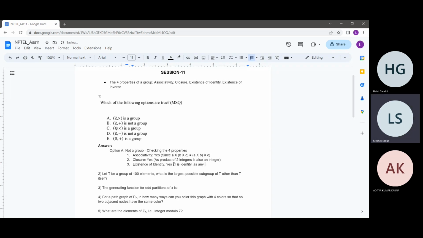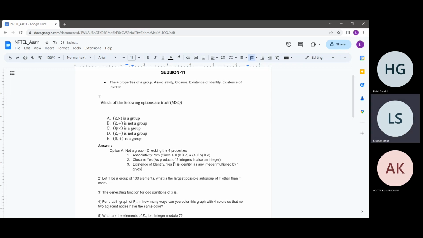As any integer multiplied by 1 gives that integer itself. That is, a times 1 will give back a only. So yes, in fact, 1 is the identity for this.